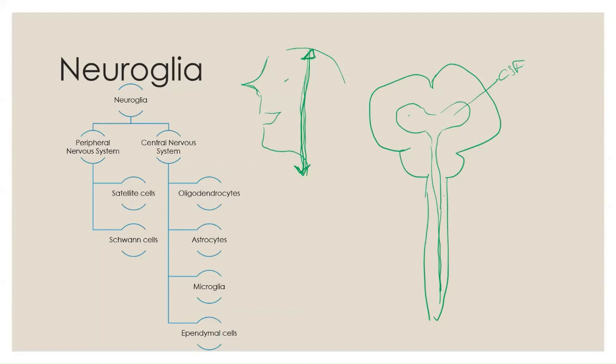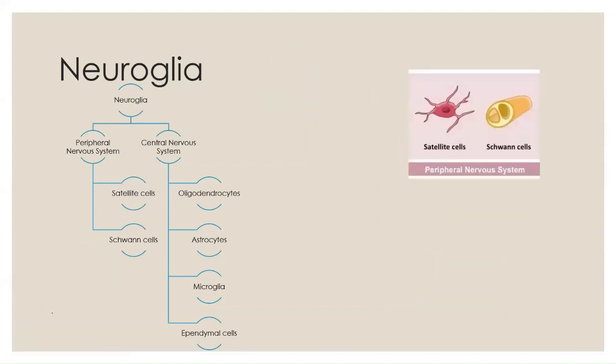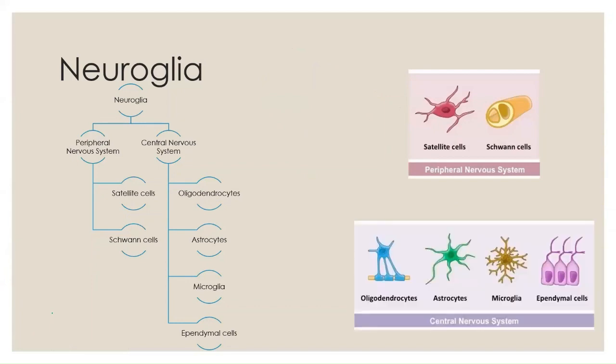These ependymal cells line these ventricles and produce the CSF. These are the satellite cells and the Schwann cells. And here you can see the oligodendrocytes. You can see them nicely wrapping around the cells. Right? Then you have the astrocytes, the microglia, and the ependymal cells.